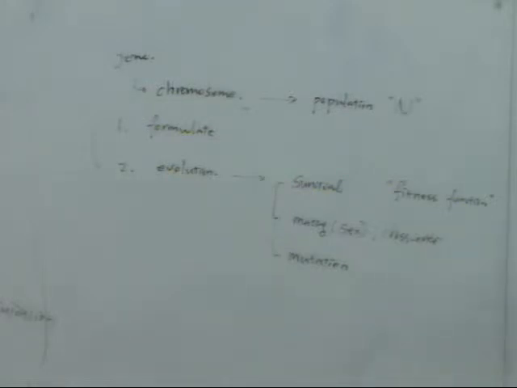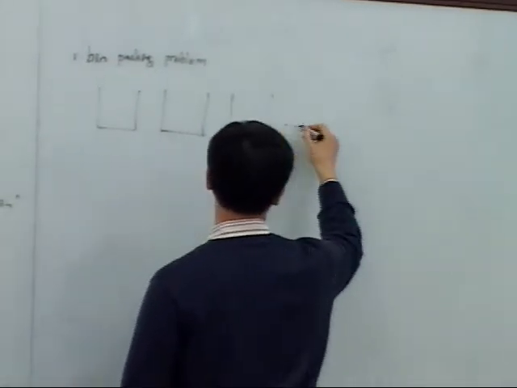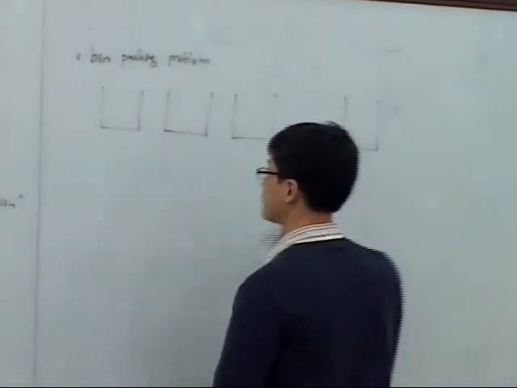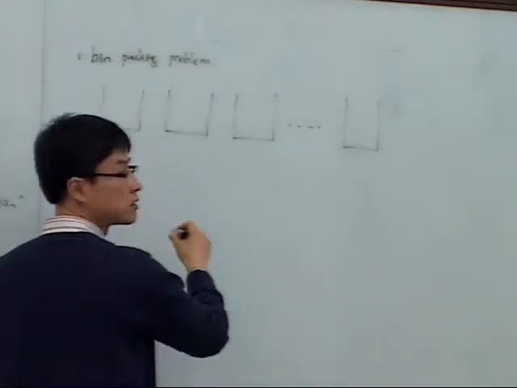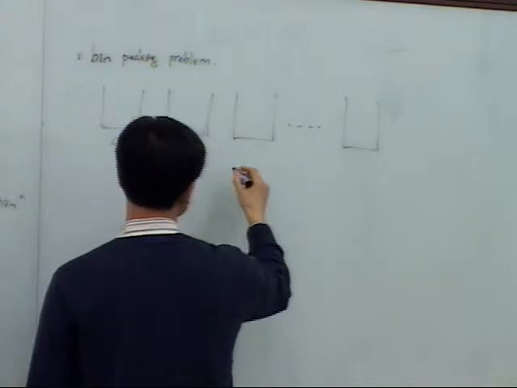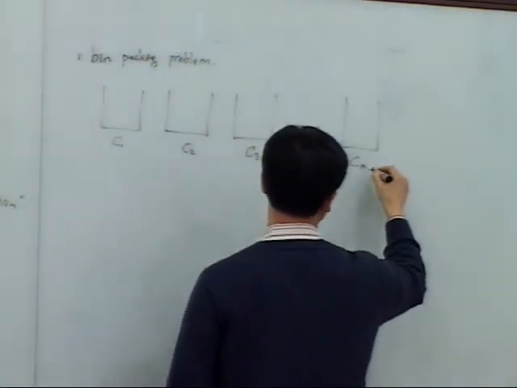So let's assume there is a bin, an empty container. Let's call these container 1, container 2, container 3, and container n.